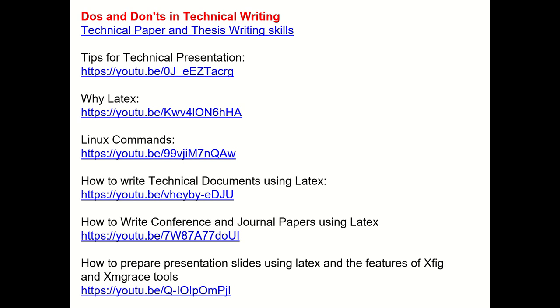So while writing technical documents, we prefer LaTeX tools rather than Microsoft Office. The reason is LaTeX looks like a compiler. It's a scripting language, so whatever text you generate converts into various file formats like PDF, JPEG, and so on. This is already explained in these videos.